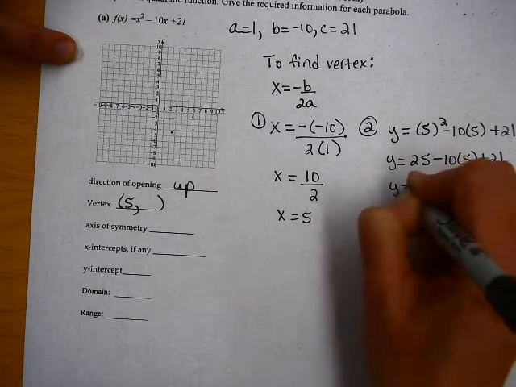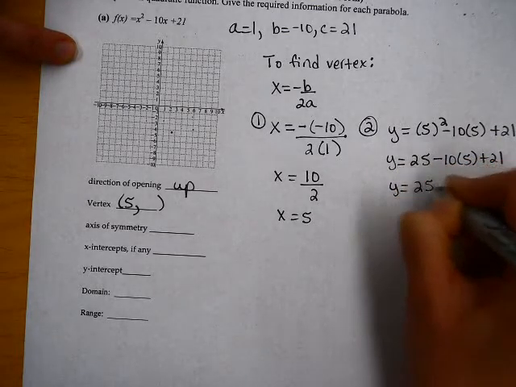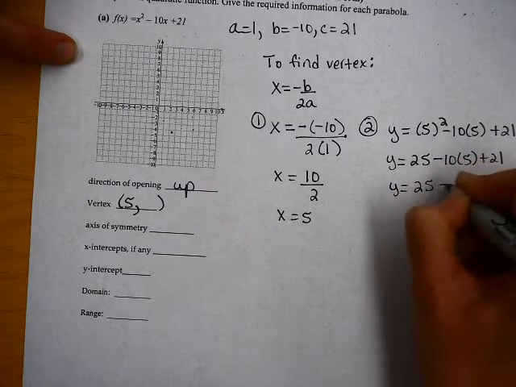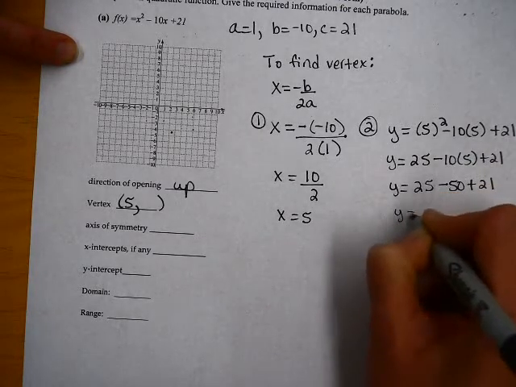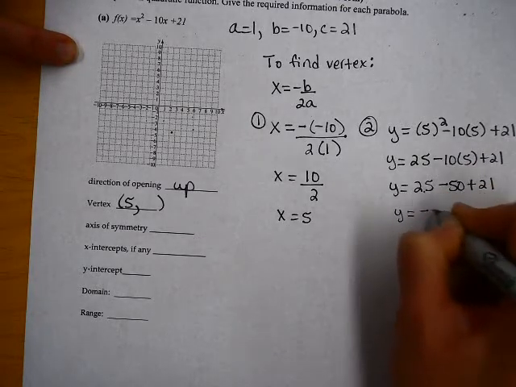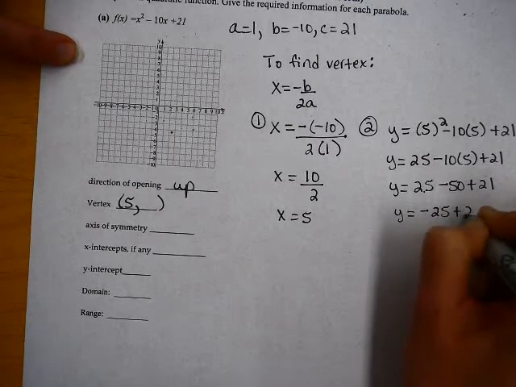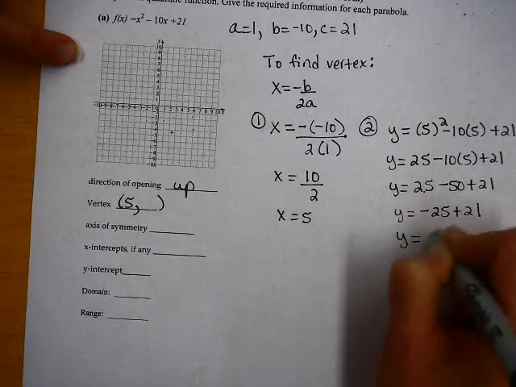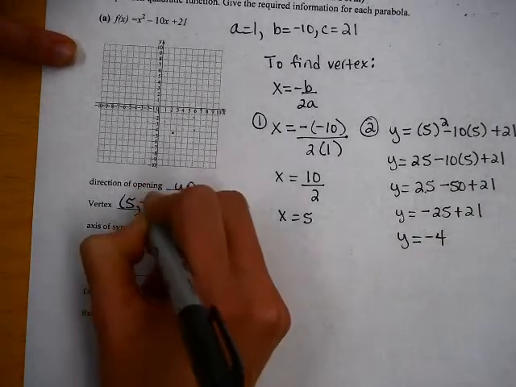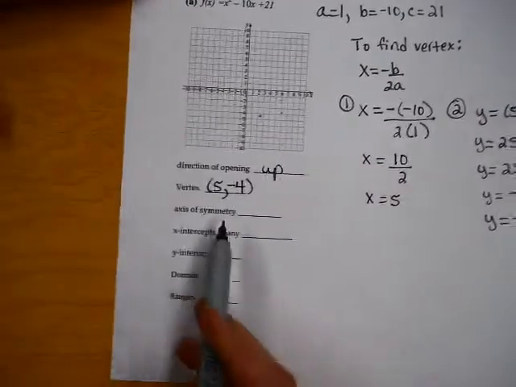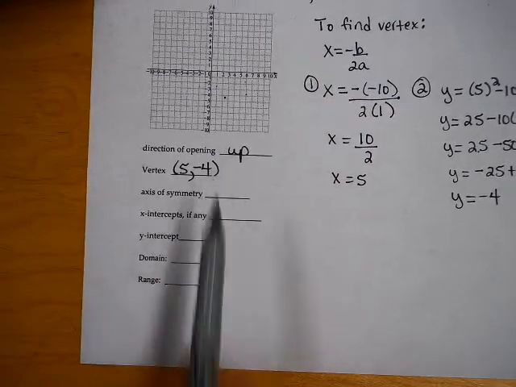Always follow order of operations. 5 squared is 25, minus 10 times 5 is minus 50, plus 21. So 25 minus 50 is negative 25, plus 21. I subtract and keep the sign of the larger number, so y equals negative 4. Now I can finish out my vertex. My vertex is (5, negative 4).